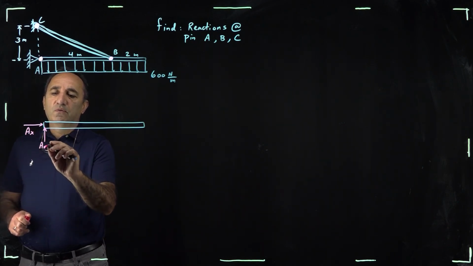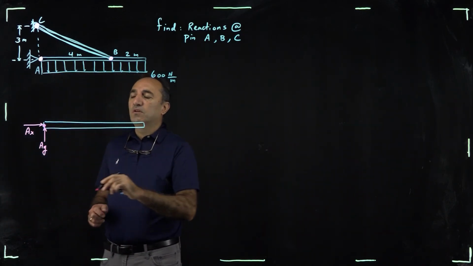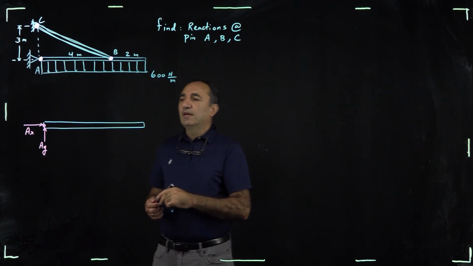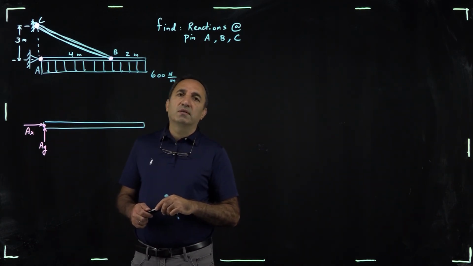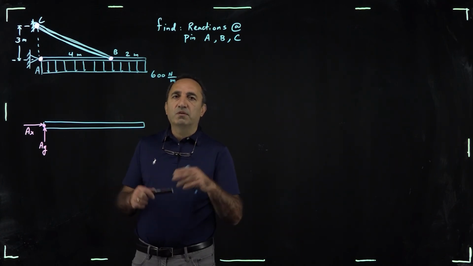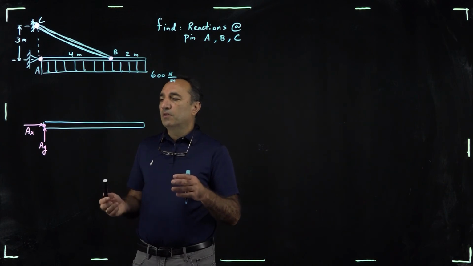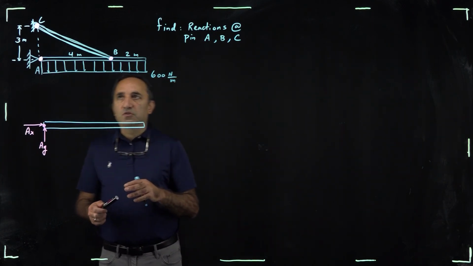As you know, we just assume they are in the positive directions. And after we solve the problem based on our equations, we can determine if these are the right directions or not. Basically, if you get a positive answer, the directions are okay. If you get a negative answer, you have to switch the directions.